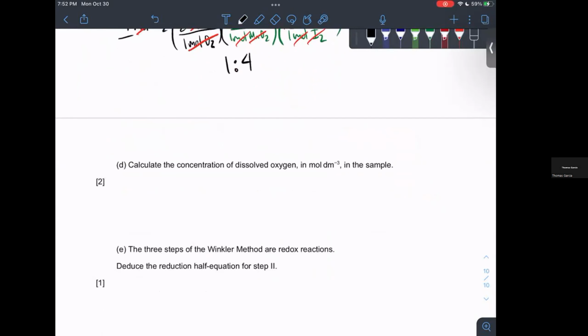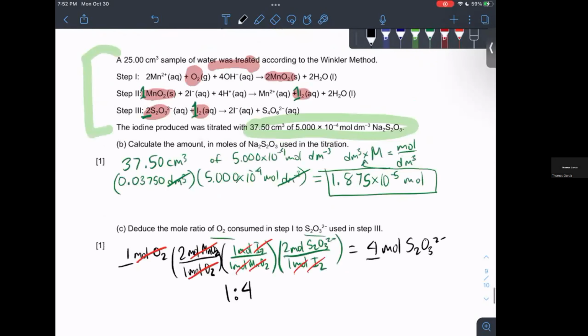Moving on to D. Calculate the concentration of dissolved oxygen in mole decimeter cubed in the sample. Well, we literally just found out from our previous one that we use 1.875 times 10 to the negative 5th moles of our S2O3 2-.